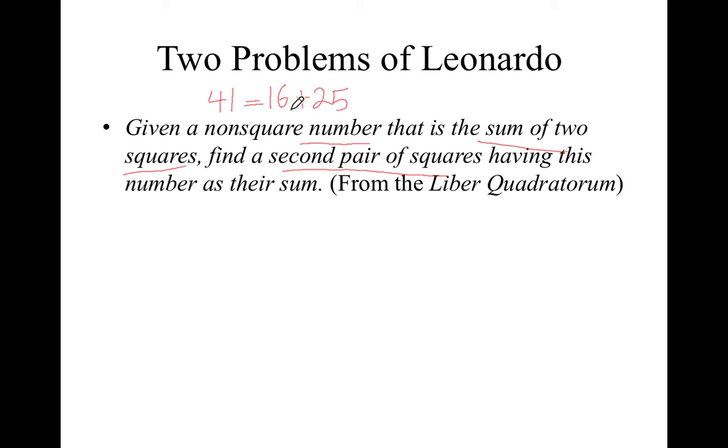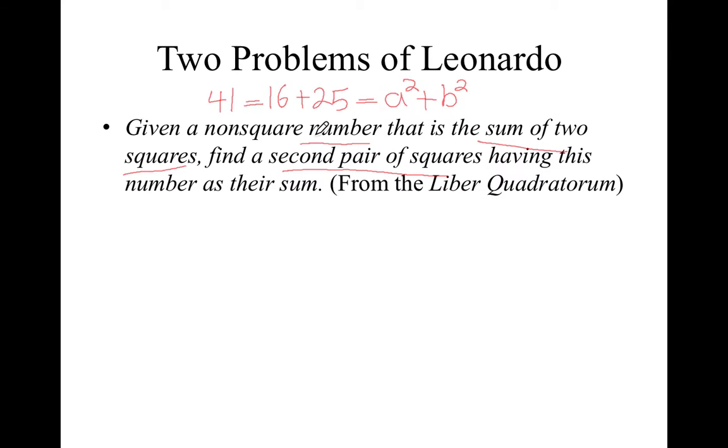So besides 16 and 25, what are the other squares having this number as their sum? So we are looking for another pair of numbers, a squared and b squared, so that their sum is 41. So this is the problem that Leonardo solves.